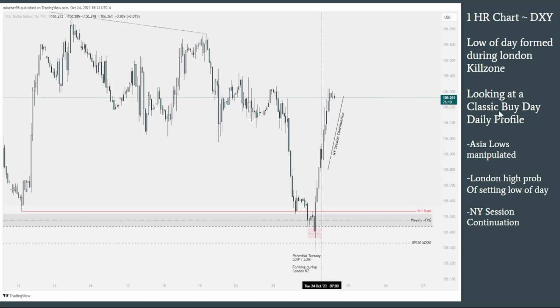The classic buy day template is laid out as such: Asia lows being manipulated, which is what we ran here. After Asia's lows being manipulated, we then expect London to set the low of the day, which is what we did here. And then in the New York session from 7 o'clock to 12, we expect price to continue higher to our buy side liquidity draw.